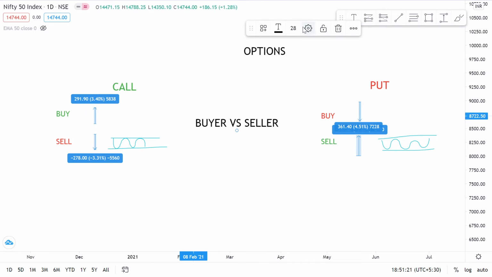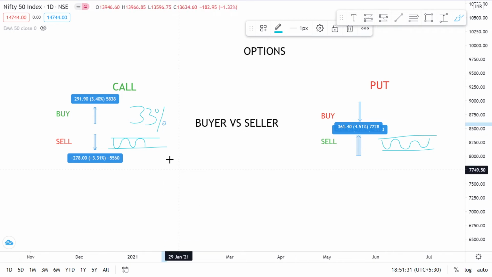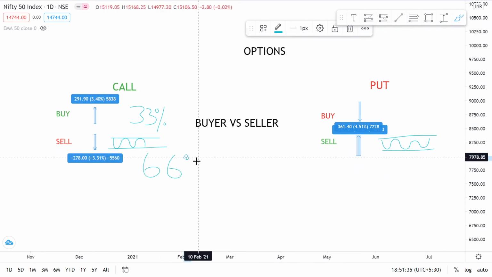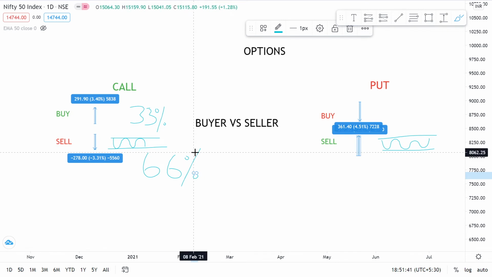So the buyer here has a 33% win rate, purely statistically talking, because he's making money in only one scenario. So he has a 33% chance of winning, and the seller has a 66% chance of winning. So it is unfair between the buyer and seller from the word go itself, because the seller has double the probability of winning.